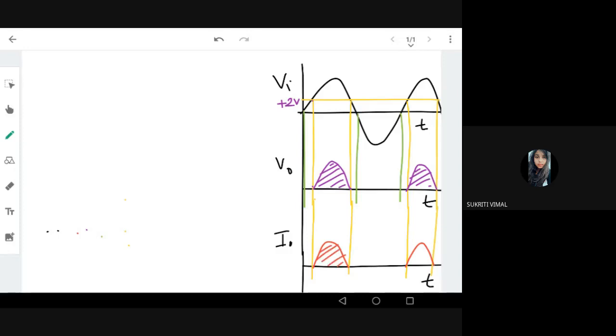So because of the resistance in the circuit, what will be the value of my current? You know, the current value is nothing but V input minus V bias, where V bias is 2 volt, divided by the resistance. So this is the value of my current. Current is equal to V input minus V bias, divided by R, with V bias 2 volt here.